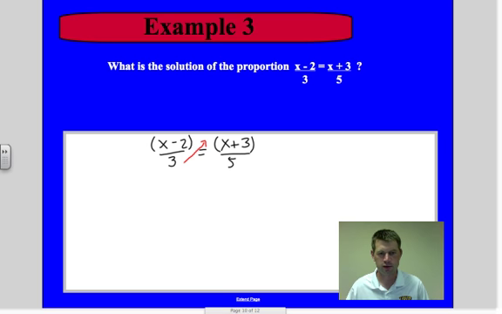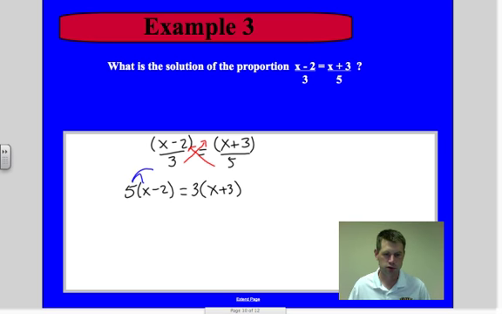We're going to take this and we're going to cross multiply it using the cross products. Now when I do this on the left side, I'm going to get 5 times the quantity x minus 2. On the right side I'm going to get 3 times the quantity x plus 3. Okay, and what do you think is going to have to happen? Well, we're going to have to distribute.